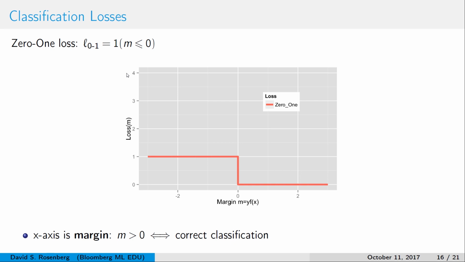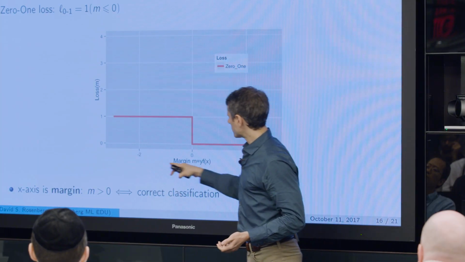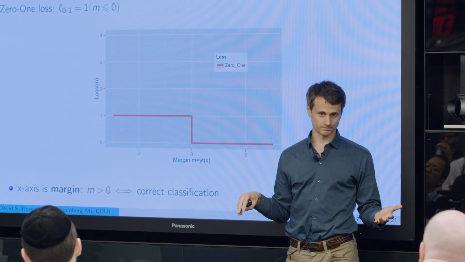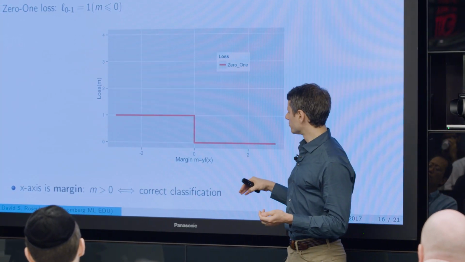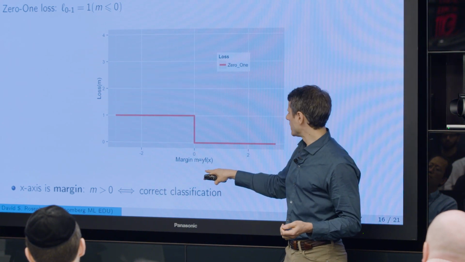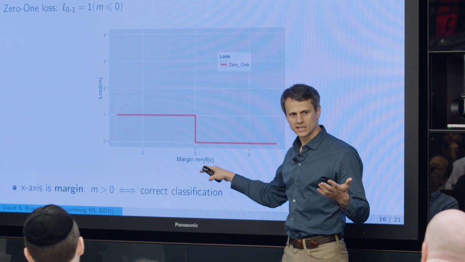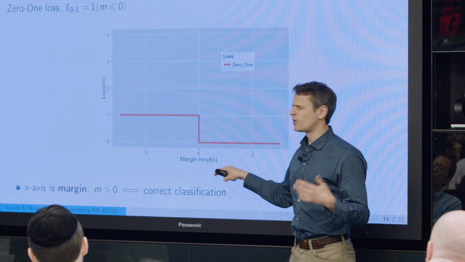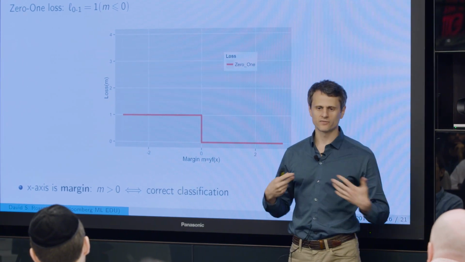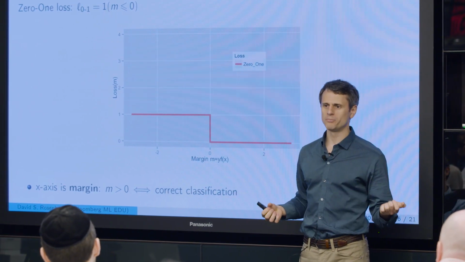This is another way to graph a loss function. Let me again talk through the axes here. The x-axis this time is the margin, which we'll write as m. That's y, the correct label, times, in this case instead of y hat, f of x, to emphasize that this is a prediction based on an input x.